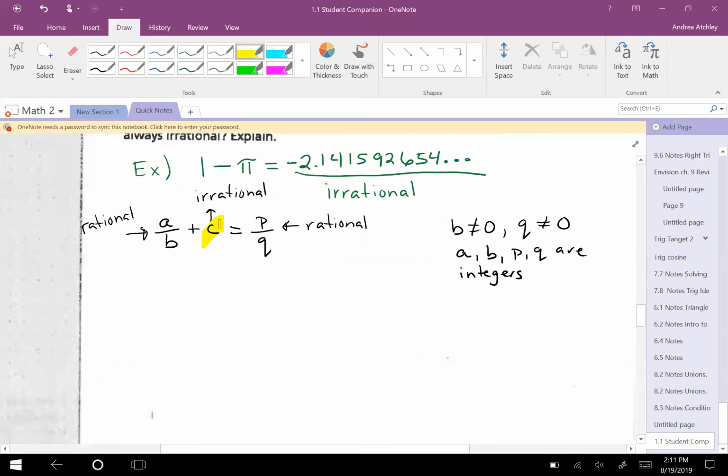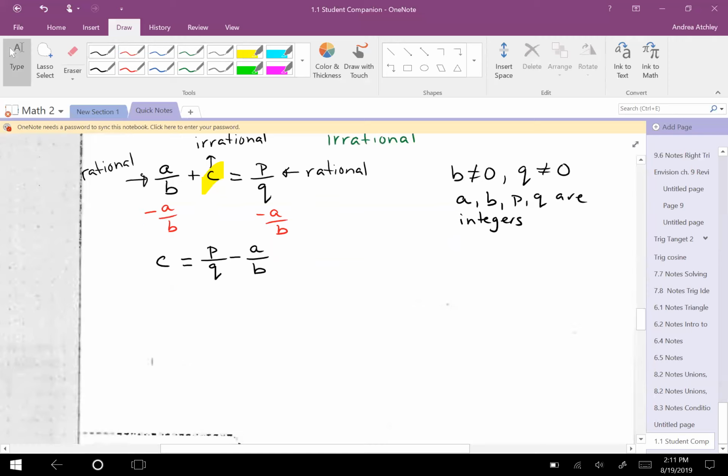So how do I get C by itself? How do I get rid of A over B? Very good, subtract A over B. So that's gonna give me C is equal to P over Q minus A over B. Now, when we subtract fractions or add fractions, we need a common denominator.